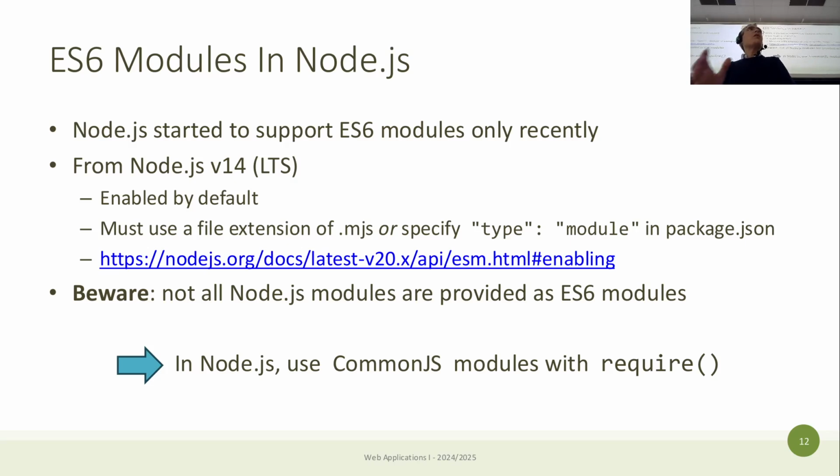Okay? So to be on the safe side with Node.js, we said, well, always use require, because that's the oldest way and the way that was born with Node. So if somebody wanted to provide you a module for Node, they for sure provided the common JS format, so the one that you can import with require. Okay?